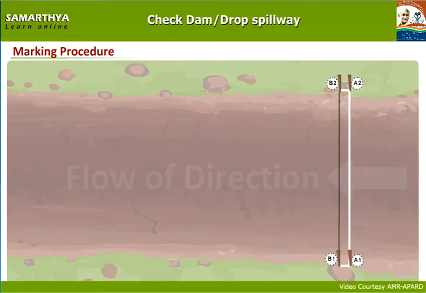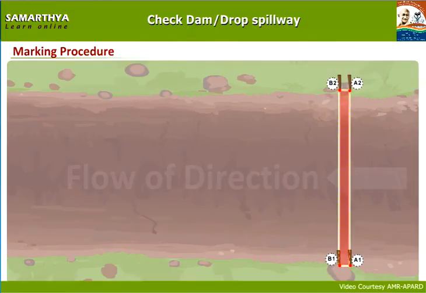Draw a line with lime powder on the thread that tied B1, B2 wooden poles. The center portion of A1, A2, B1, B2 shows upstream side cutoff wall.